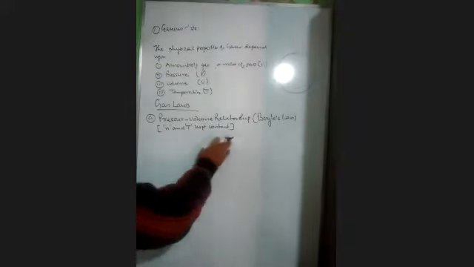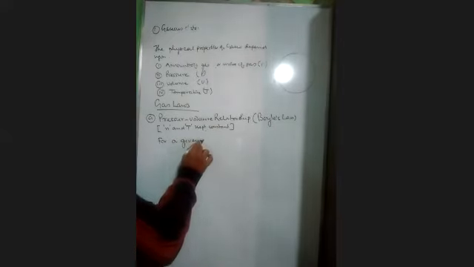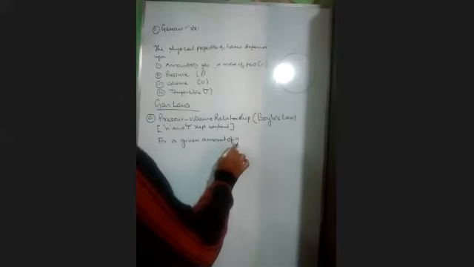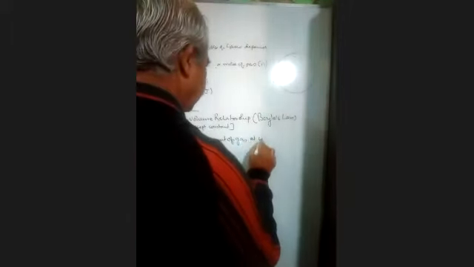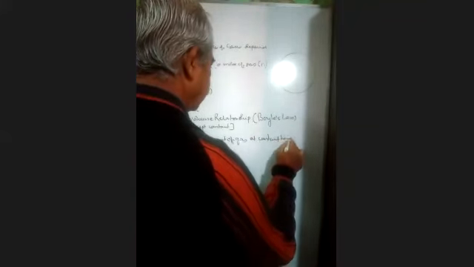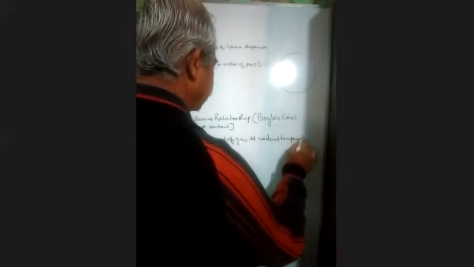So in my definition, I have to write this statement. For a given amount of gas. The moment I say given amount of gas, it means I fixed this one. At constant temperature, that is, I have fixed this one now.